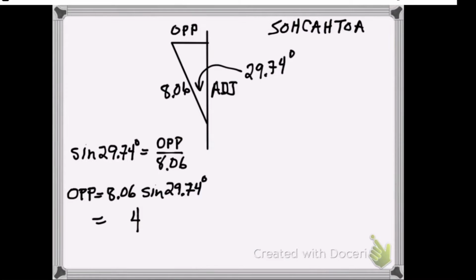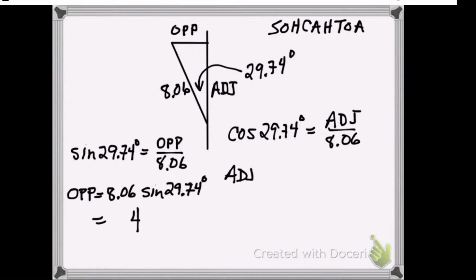Okay, so now the cosine. The cosine of the angle 29.74 degrees is going to be the adjacent divided by the hypotenuse. And again, the hypotenuse is 8.06. So we're going to multiply both sides of the equation by 8.06, and we're going to flip both sides of the equation so that we get the adjacent on the left side.